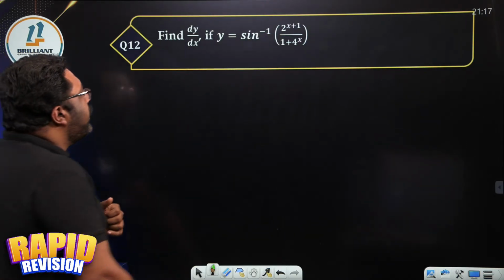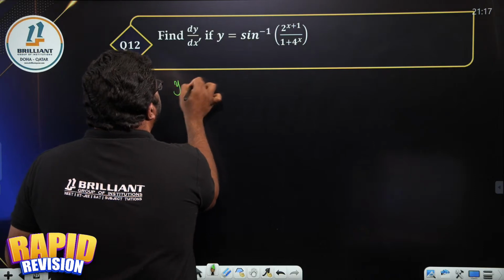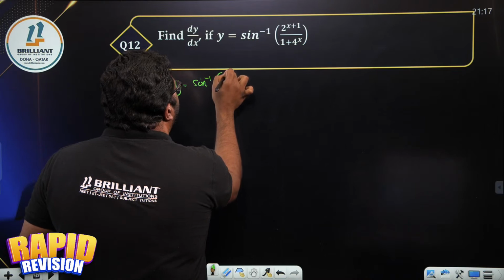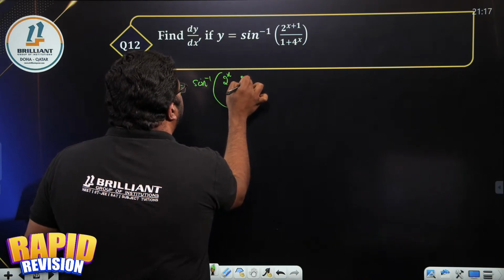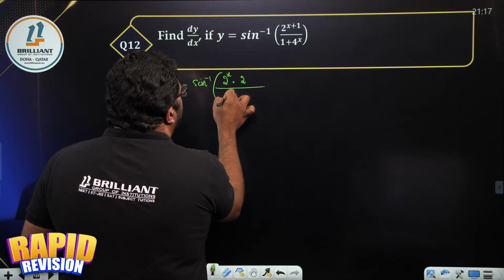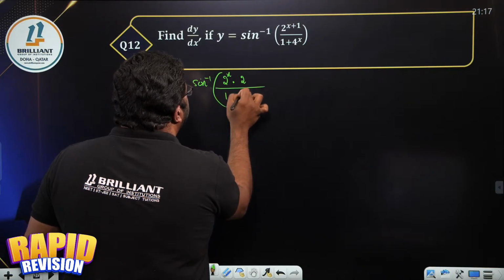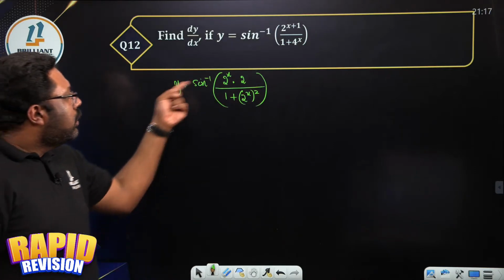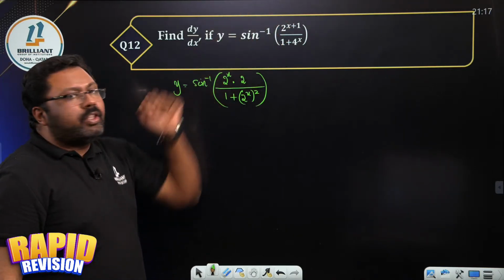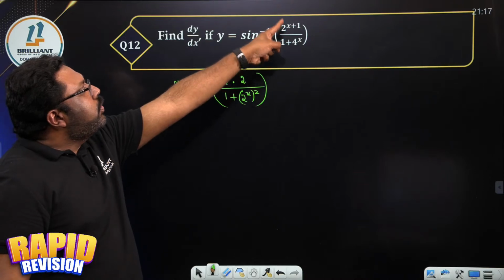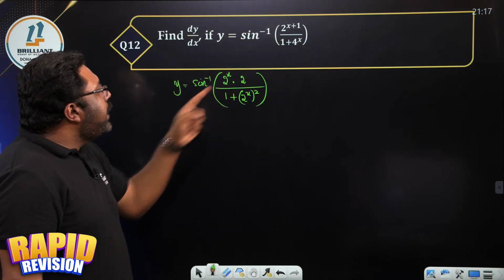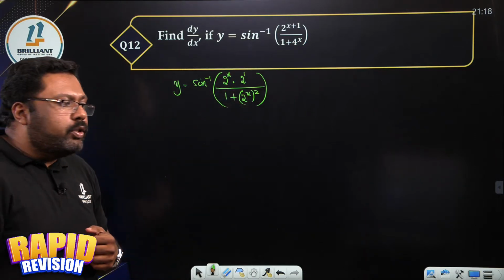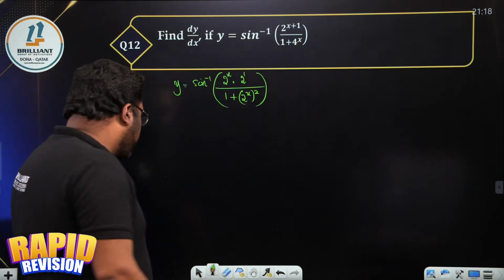This is a very interesting question. Y is equal to sine inverse of 2 raised to x into 2 raised to 1 by 1 plus (2 raised to x) squared. I have rearranged the terminologies there. 2 raised to x plus 1 is 2 raised to x into 2 raised to 1, and 4 raised to x is (2 raised to x) squared.